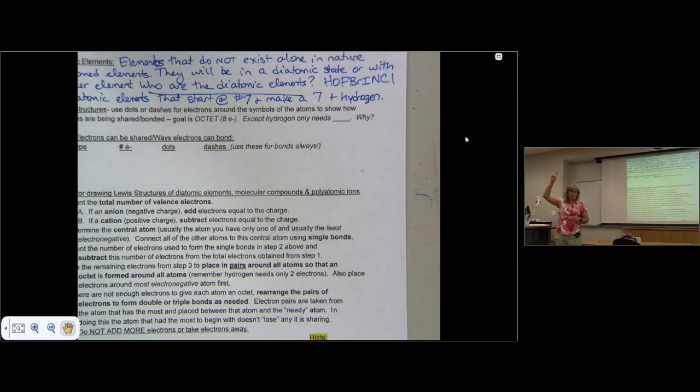Here's H. Here's H. Actually, let me say, here's H, here's H, here's the one electron, here's the one electron, okay? What do I make when I put H with H? A single bond. And do I make H2?